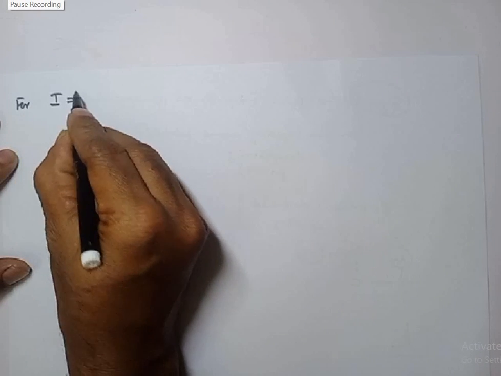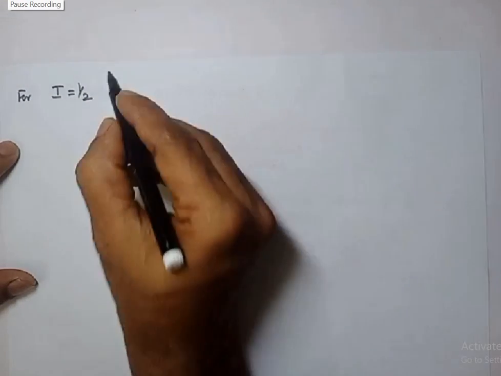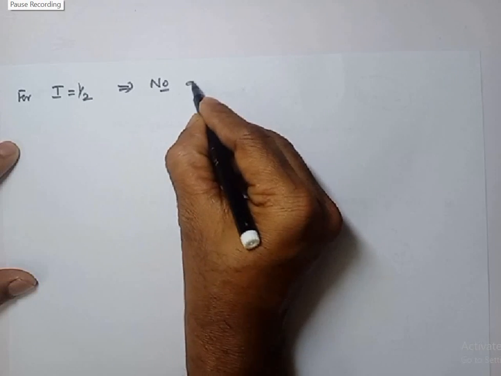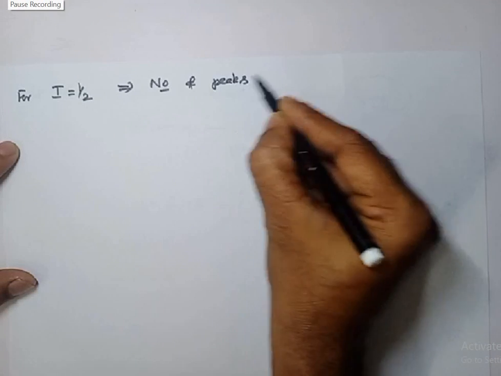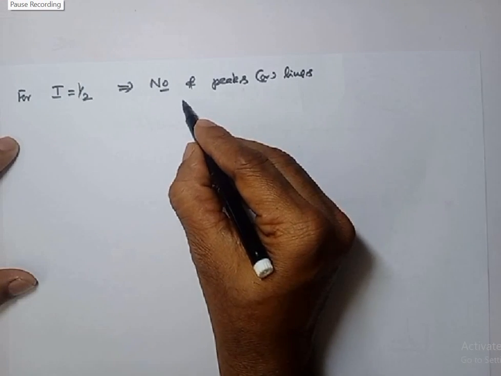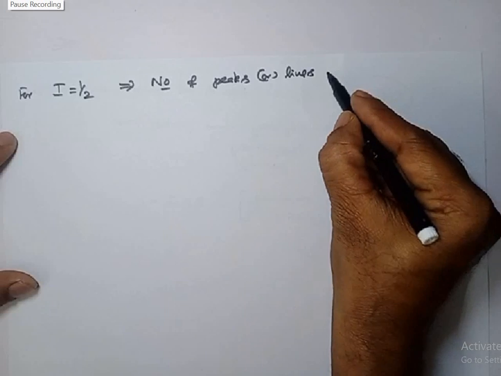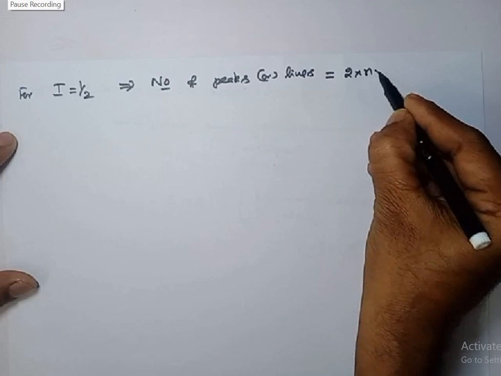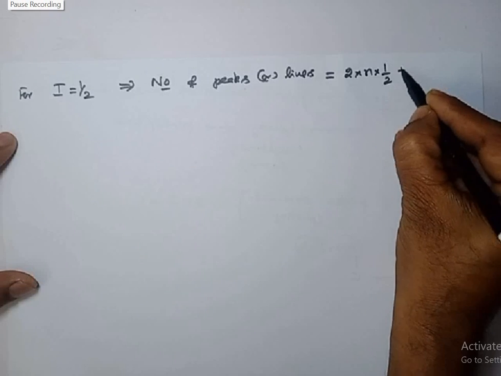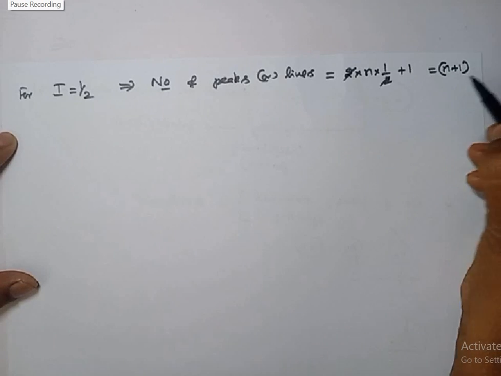So let me introduce what the Pascal triangle is. Listen carefully. First I'll write this. For I equal to half nuclei, the number of peaks, also called the number of lines, obtained by the splitting of one signal is equal to 2 times n times I, with I being half, plus 1. So this 2 cancels, and we get n plus 1 peaks.